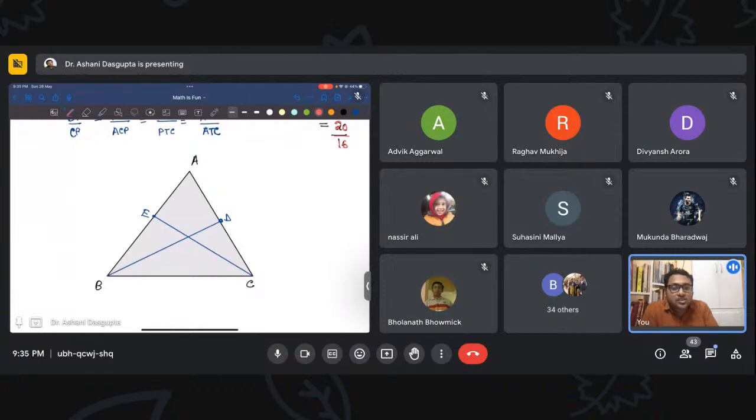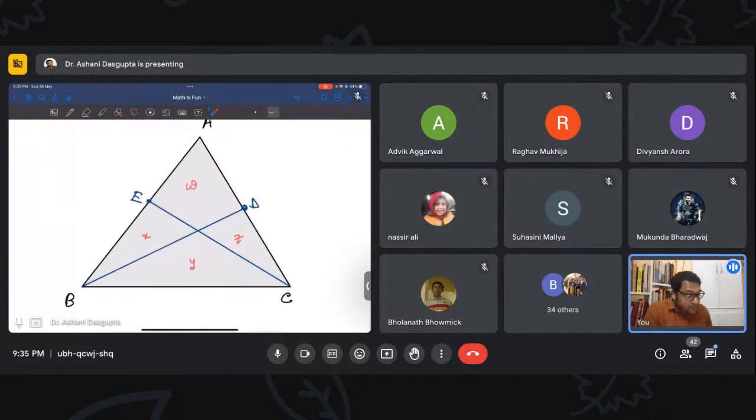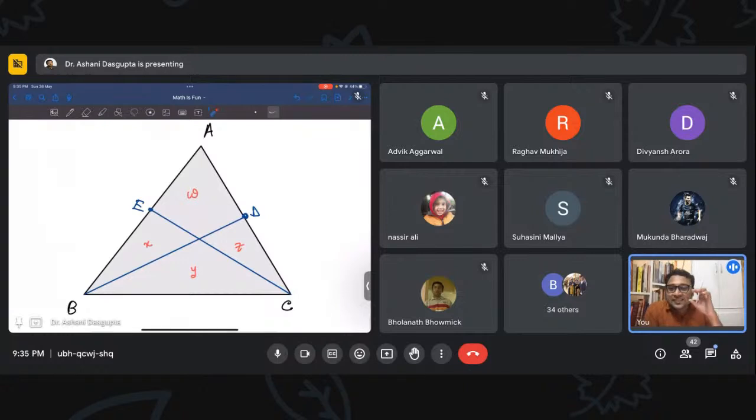So the area of this triangle is X, area of this one is Y, area of this one is Z, and area of this quadrilateral is W. Okay, turns out that you can express W in terms of X, Y, and Z.